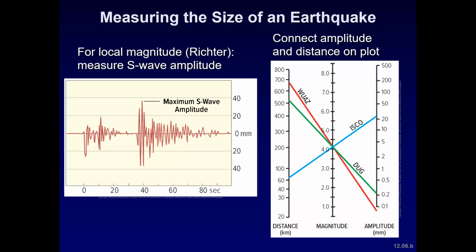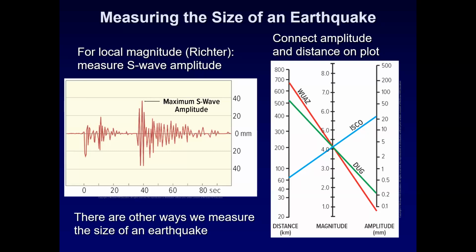If you plot several stations that record the earthquake, we can then confirm the Richter magnitude. That's only one way. So you have on this plot distance versus magnitude versus amplitude.